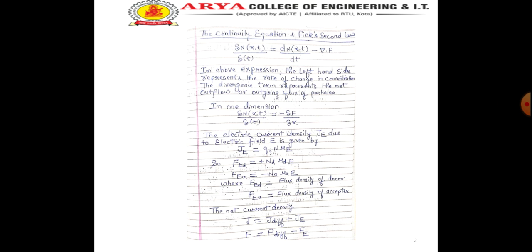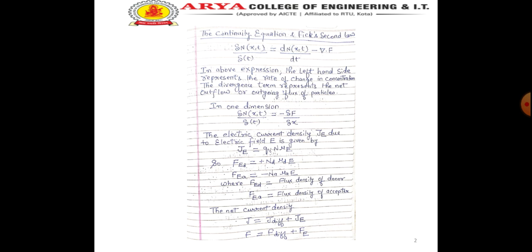The electric current density Je due to electric field E is given by Je = q n μ E, where q is the electronic charge, n is the concentration, and μ is the mobility. So the flux density for donor and acceptor can be written as Nd μd E and -Na μa E. These are the two equations showing the flux density of donor and the flux density of acceptor.